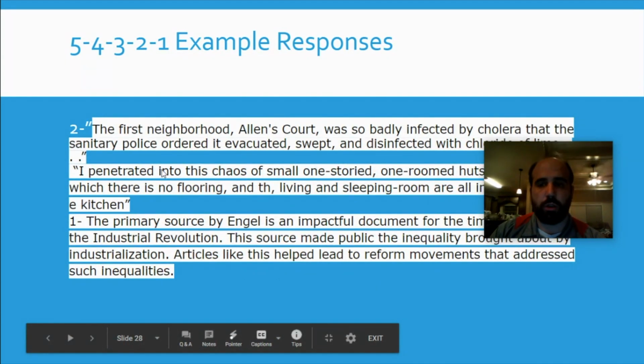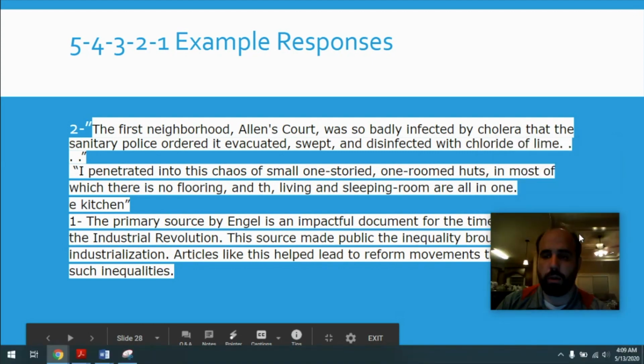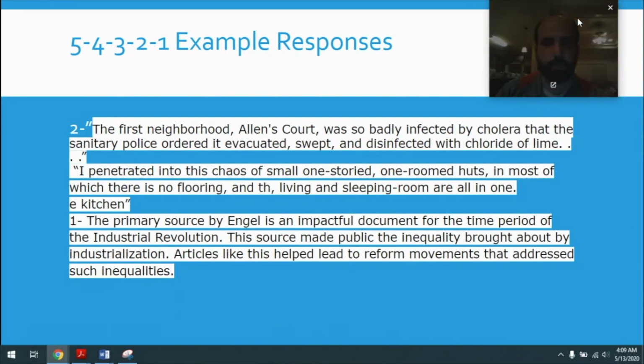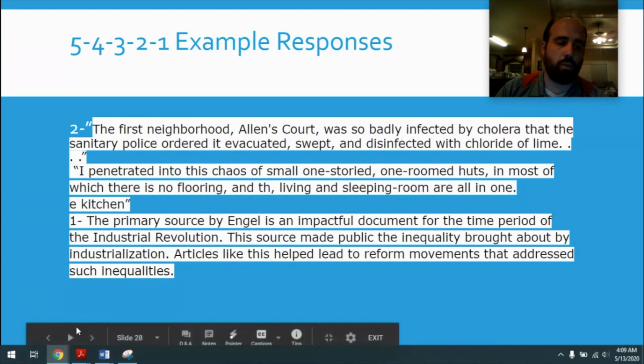There's 2 right there. Let me move this out of the way for you guys. Move it up here. Okay. And I put 2 quotes that really help me understand that that's just what we're looking at. We're looking at the living conditions there of industrial cities and the working class and what it's like to live in those industrial cities.